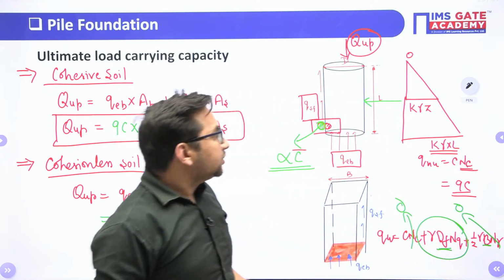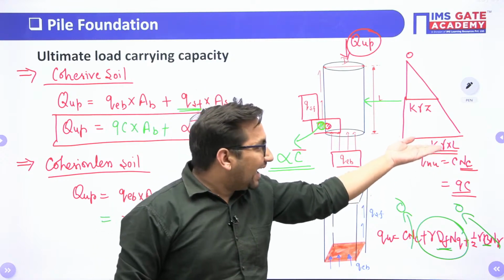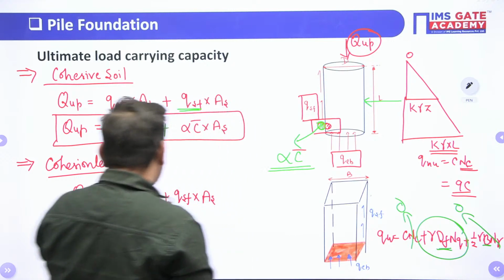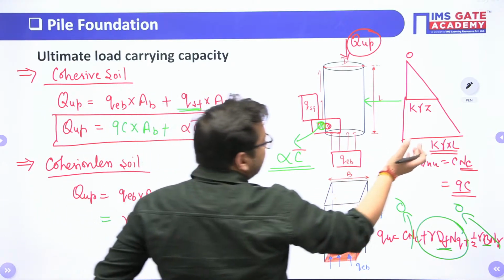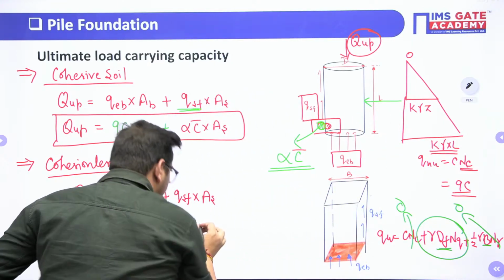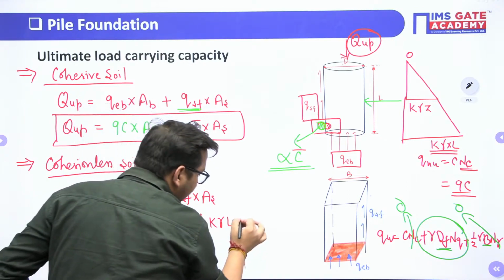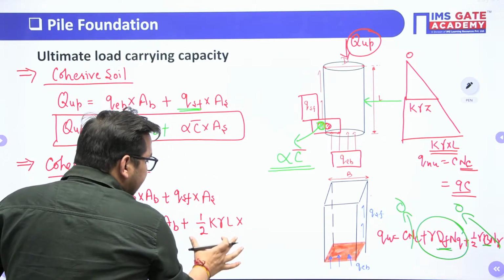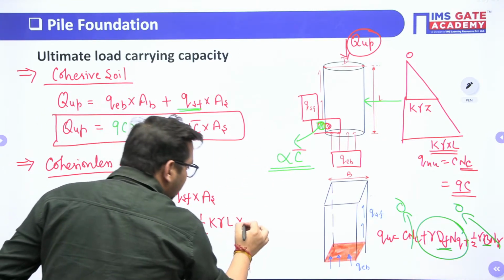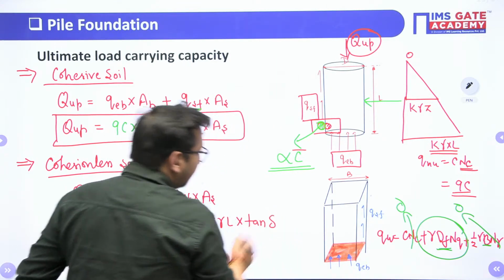So we know that at different points, the stress value is different. So what we do, we take the average of this stress, right? The area of this value will give you the normal force. So its value will be half K into gamma into L, that is the average value, multiplied by mu, that is tan delta.